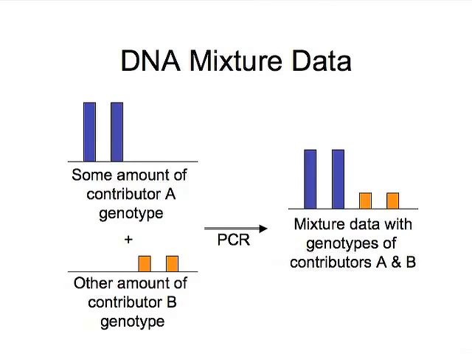Again, these are cartoons, and the blue is showing one contributor, say the victim. The orange is showing the two alleles, everybody has two alleles at a locus, of the second contributor.